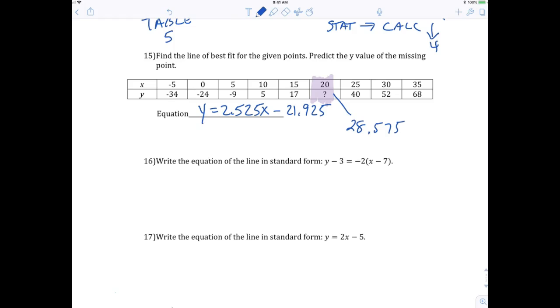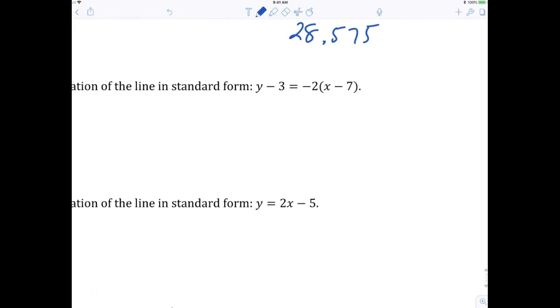All right, now, write the equation in standard form. I need everybody to write above or underneath it, ax plus by equals c. It has to be in that format, ax plus by equals c. So, y minus 3 equals negative 2x plus 14.